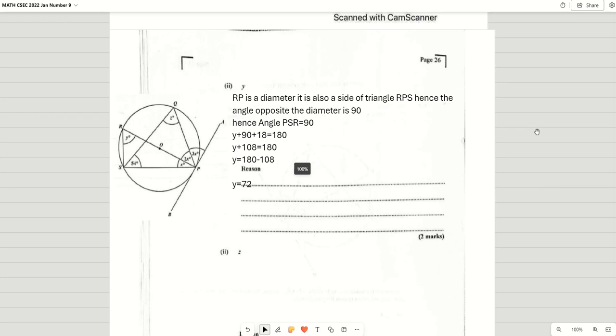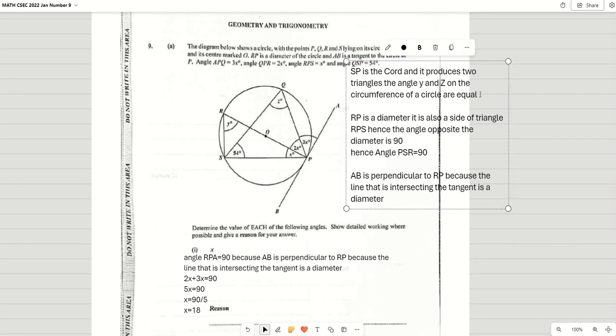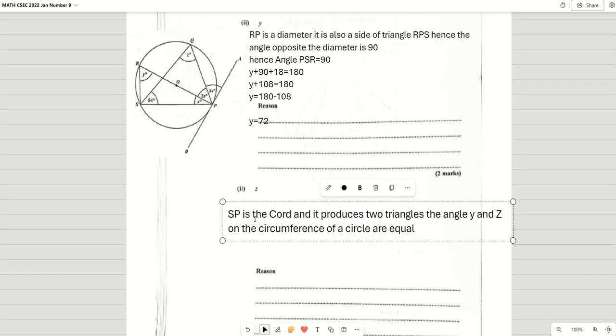Alright, let's do the last one, Z. We already spoke about this. We said one of the rules was that SP is a chord and it produced two triangles.